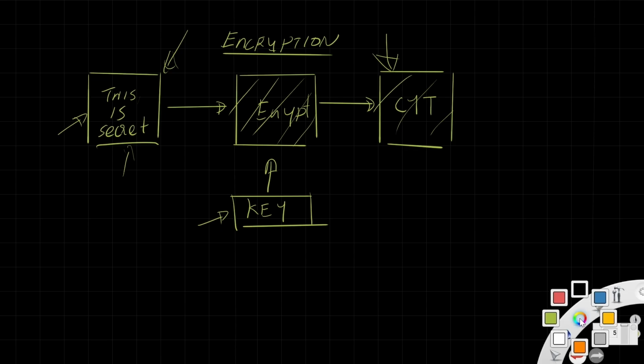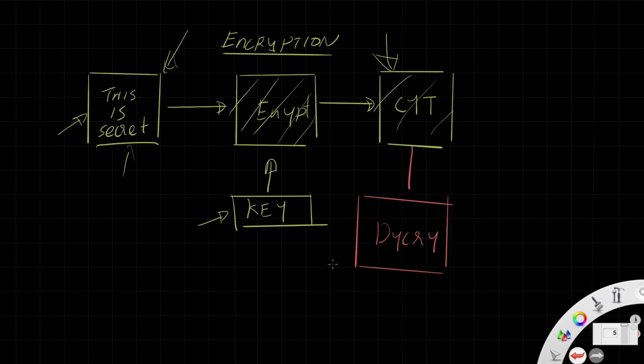In the case of decryption, you give this particular text and run the decryption algorithm, and inside the decryption algorithm you provide the same key, the exact same key, and you get this particular text right here. So the green part is the encryption and the red part is the decryption.